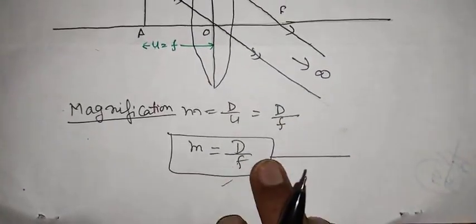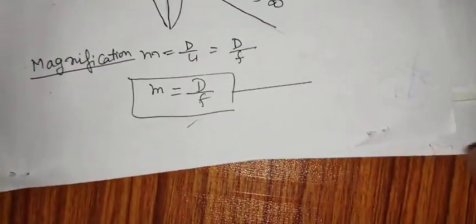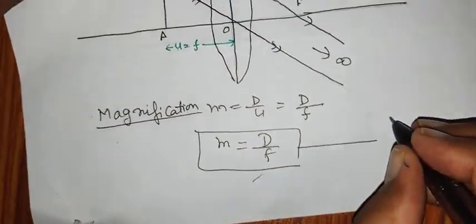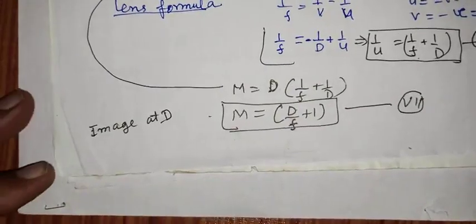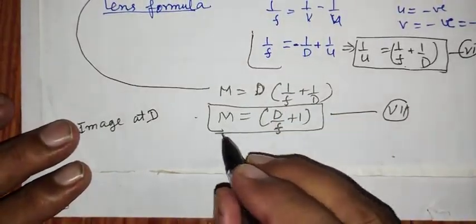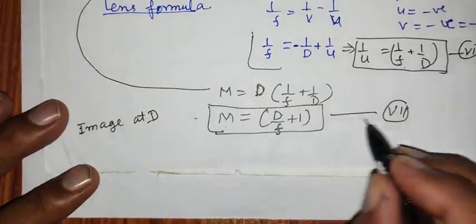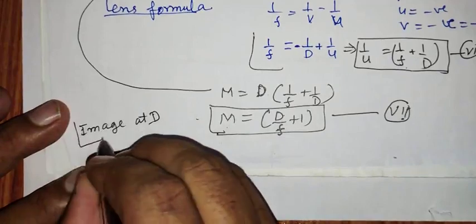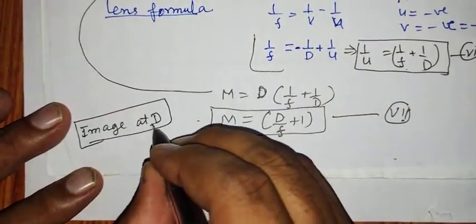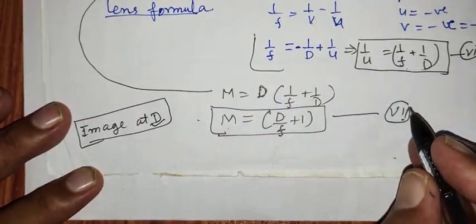Here M is equal to D by F, and it is represented by equation 6. And this is the formula for magnification of a simple microscope, represented by equation 7, when the image is formed at D, that is the least distance of distinct vision.